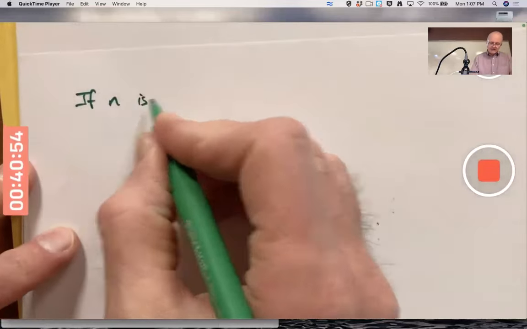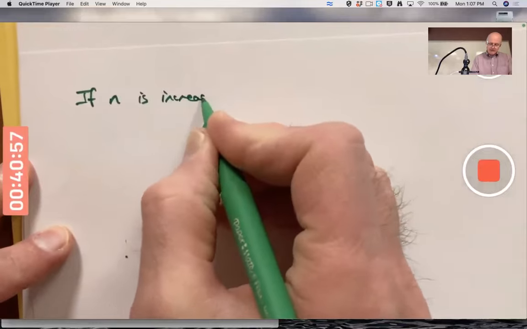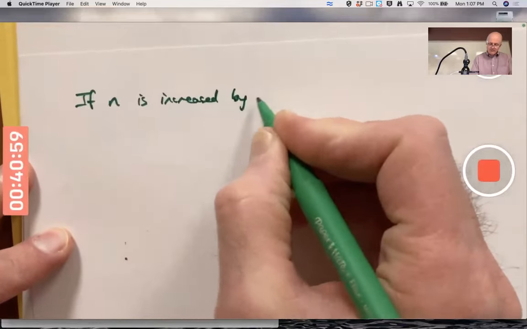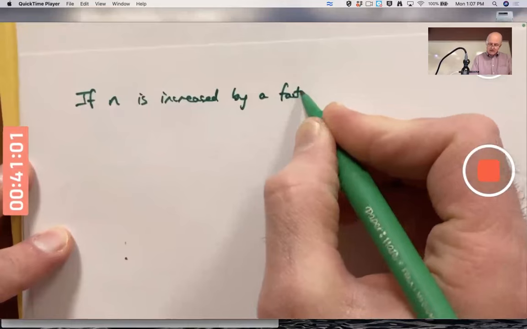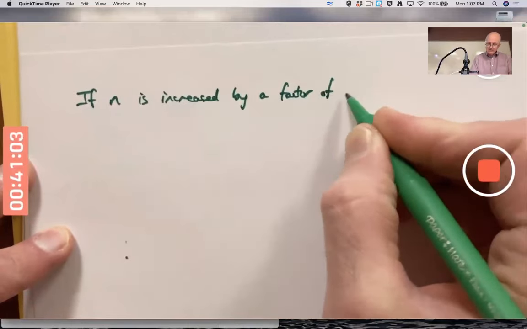If n, the number of subintervals, which represents the number of rectangles and trapezoids for the trapezoid rule, is increased by a certain factor, let's call the factor r.